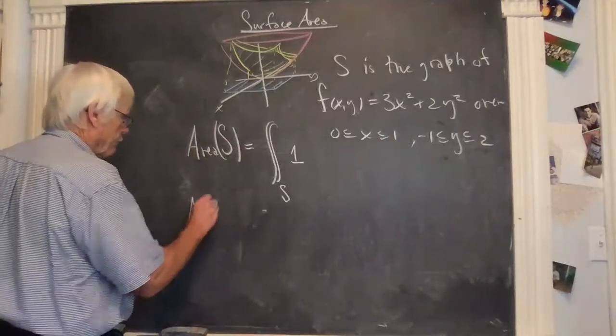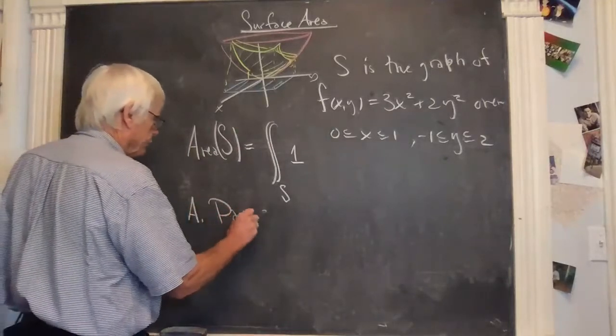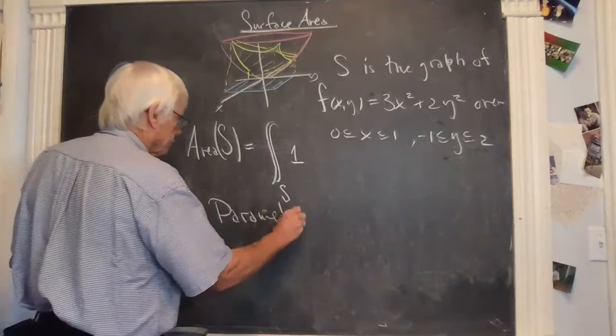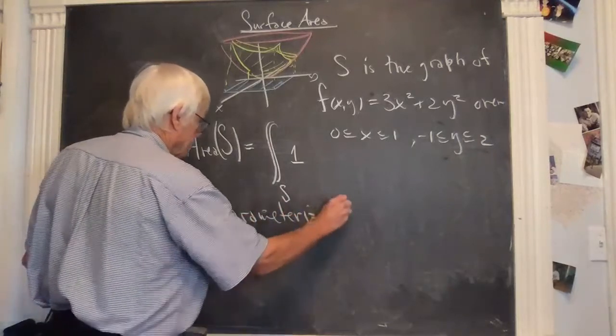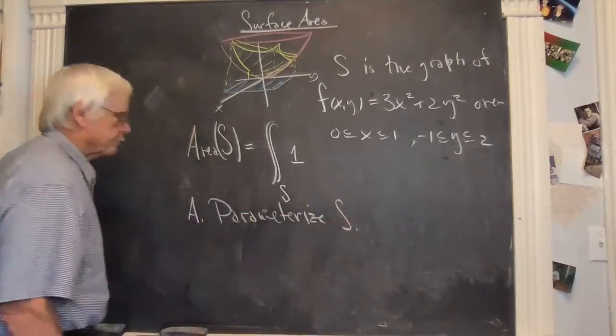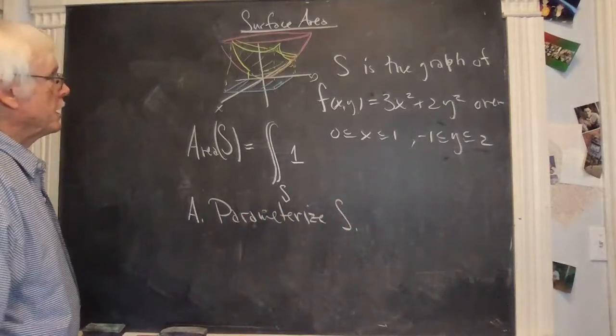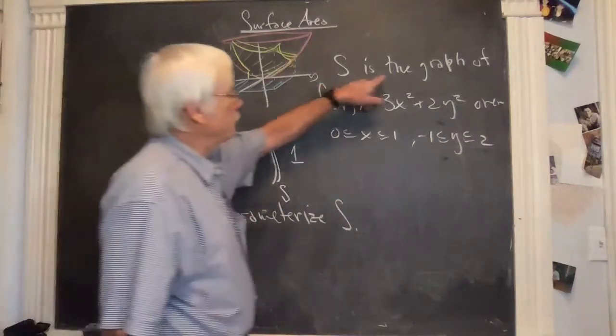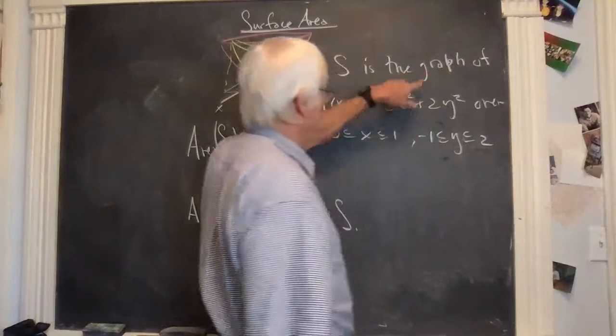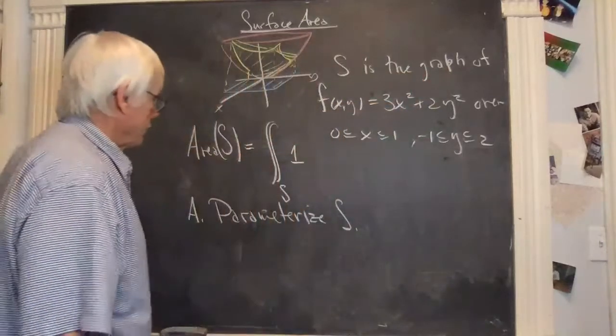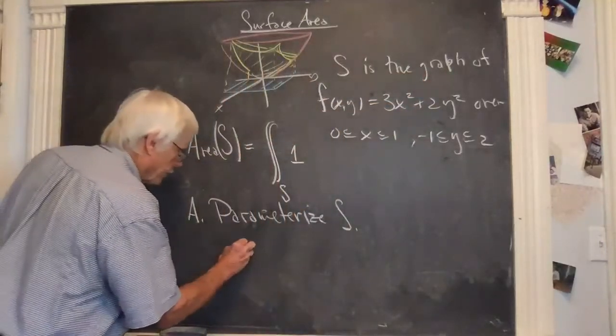And the first step is, again, parameterize this surface. And I gave you this one because you can use the so-called graph parameterization. It's the easiest of the examples.